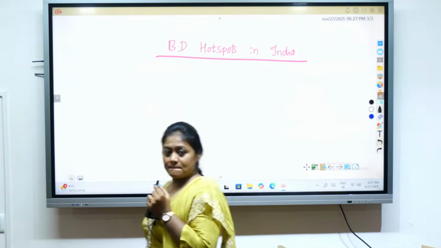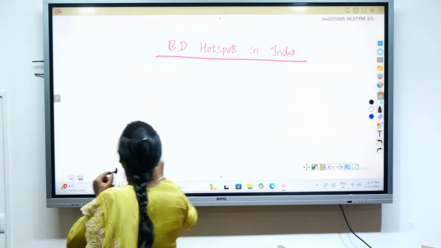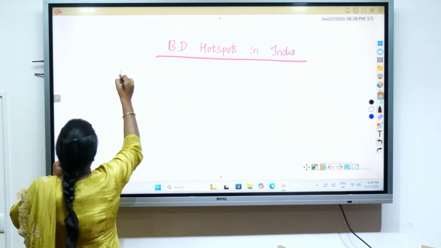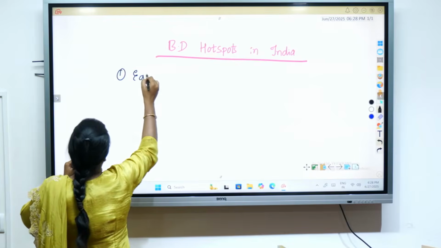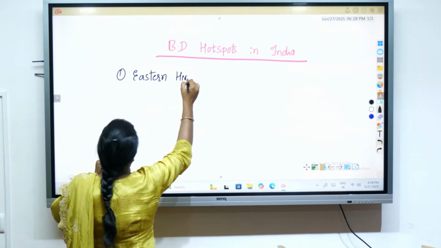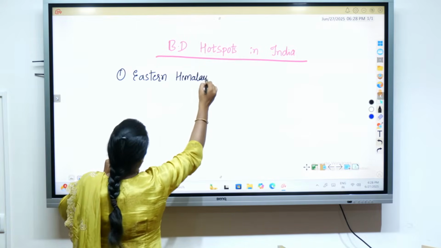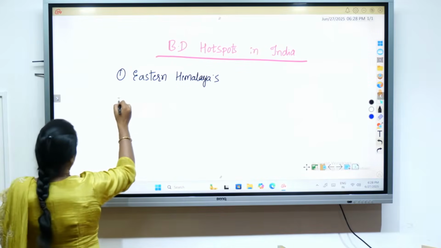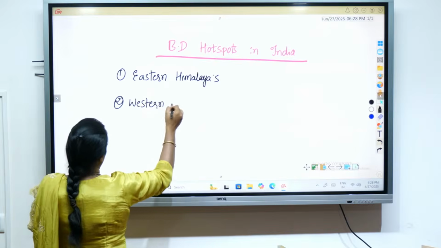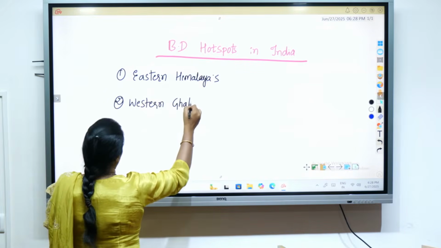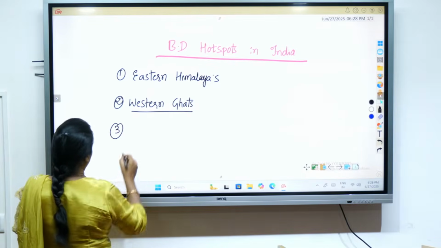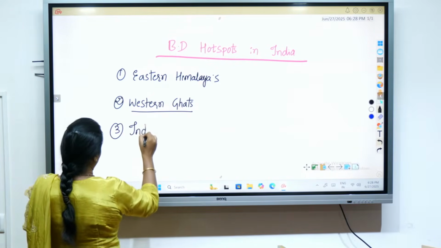So the first one is the Eastern Himalayas, very important. The second one is the Western Ghats, India and Sri Lanka. The third one is Indo-Burma, the Indo-Myanmar region.